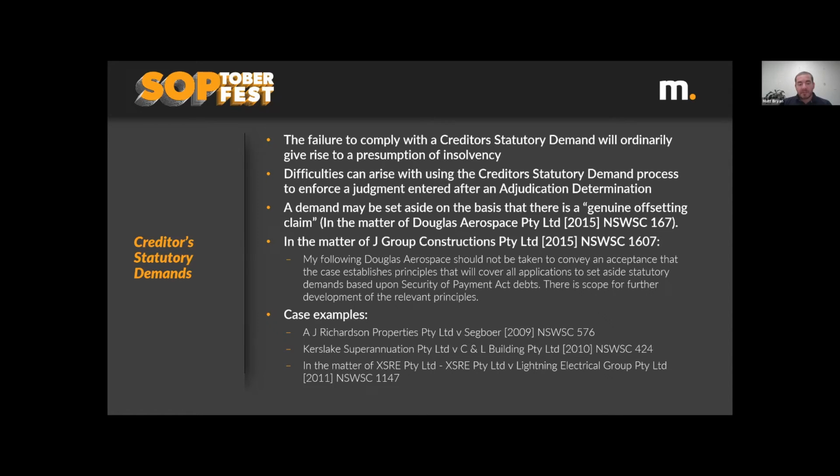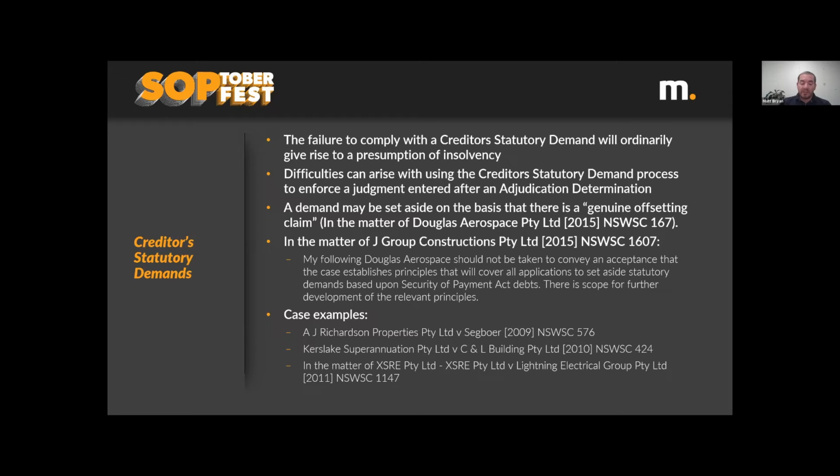The second example, Kershaw Superannuation, Pty Limited, and C&L Building. Again, a judgment of a fairly sizable amount. I think in this case about $255,000 was entered against Kershaw following an adjudication certificate having been issued. C&L issued a statutory demand to try and enforce payment of that amount.